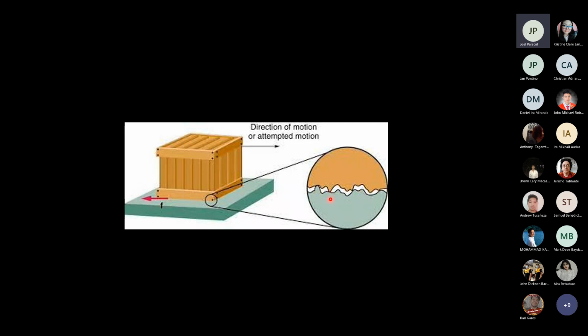The actual area of contact is usually much smaller than the total surface area. In other words, frictional force arises from the interaction between molecules at high points on the surfaces of the box and the floor.